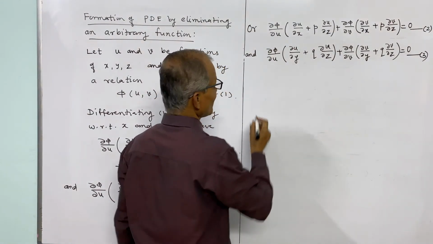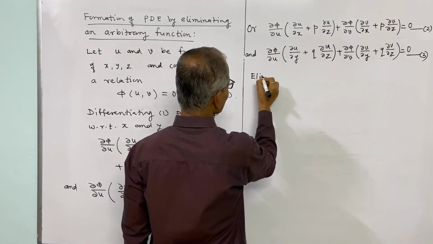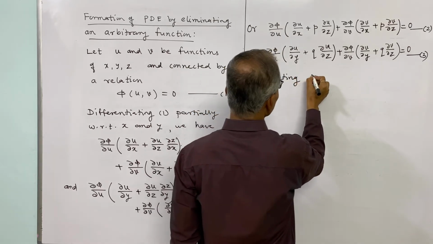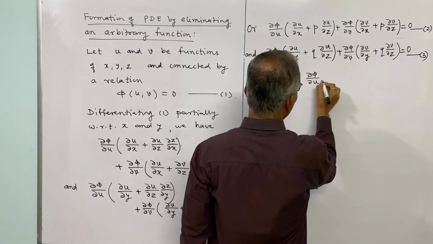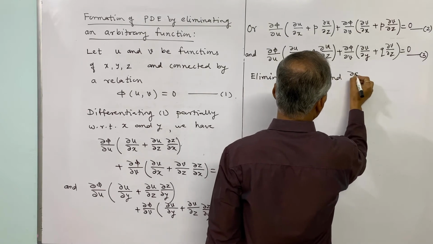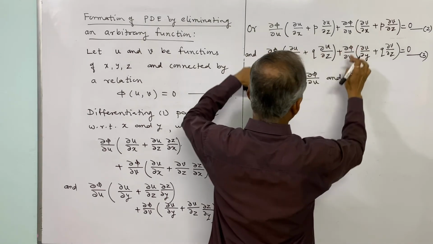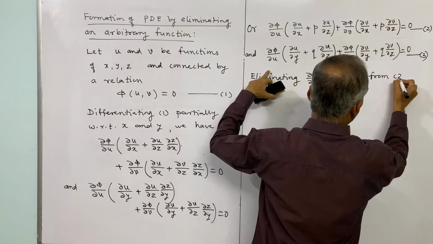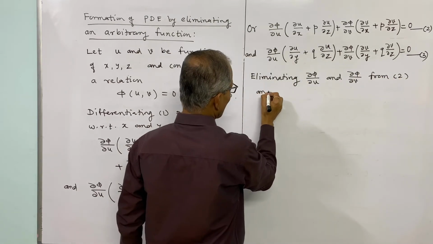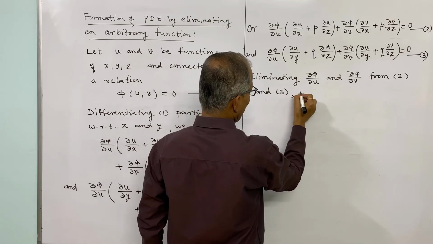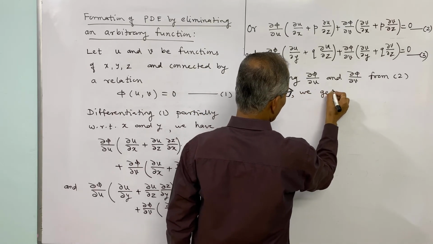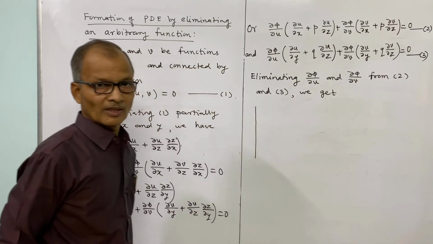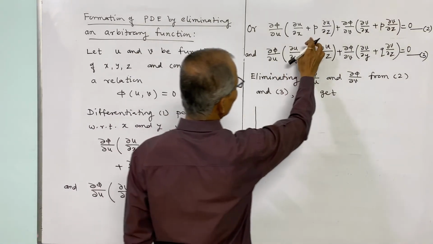Eliminating these two terms from 2 and 3, we write the determinant of their coefficients equal to 0.